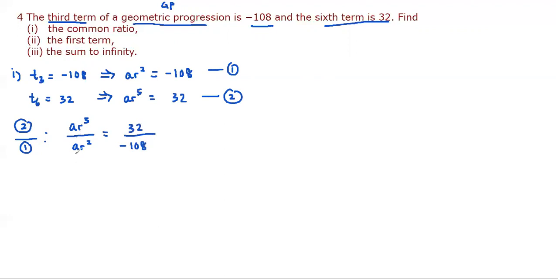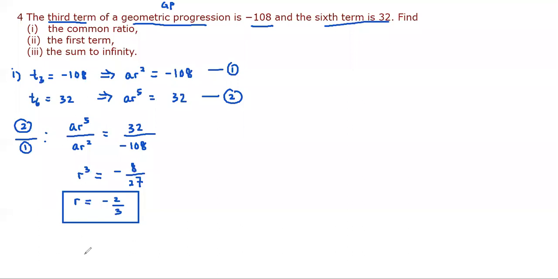The a cancels off, so you have r to the 5 over r squared, which gives you r cubed. And r cubed, when you simplify the right side, is negative 8 over 27. Take cube roots on both sides, and r here is negative 2/3. That gives you the common ratio.